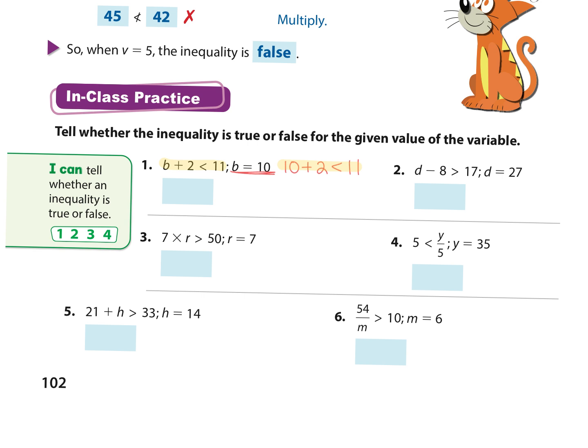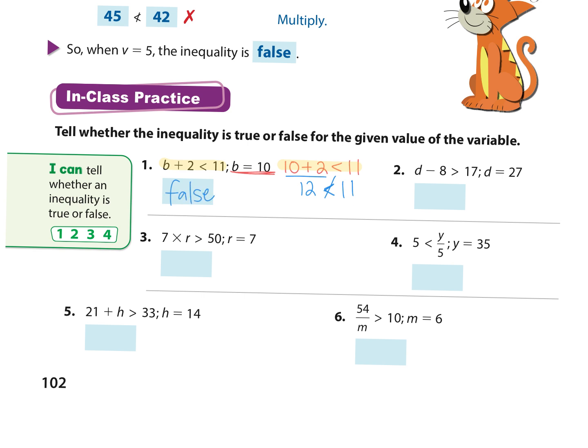Everybody with me so far? The next step is to actually solve it. So I solve the expression 10 plus 2, which is 12, and I'm left with 12 is less than 11. Is that true? No, that is not true. So I put a slash through it to show that 12 is not less than 11, and I write false.